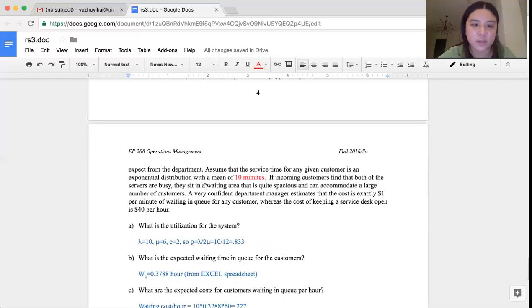So this is the queue, right? And then a very confident department manager estimates that the cost is exactly $1 per minute of waiting in queue for any customer. So the cost is $1 per minute per customer, whereas the cost of keeping a service desk open is $40 per hour.